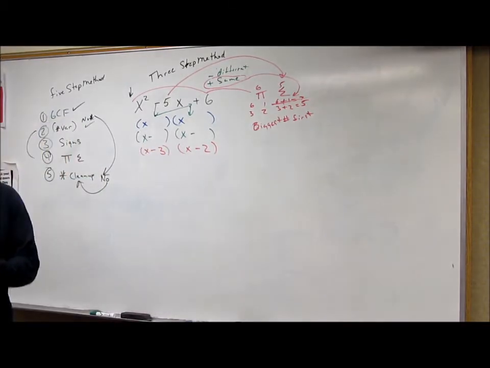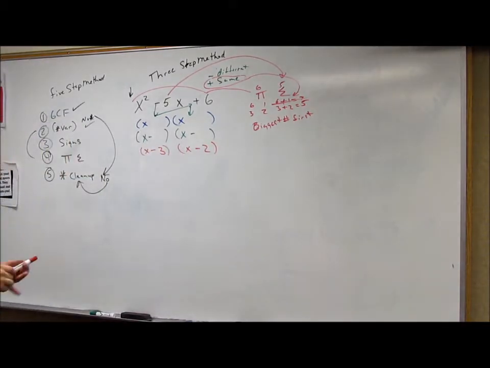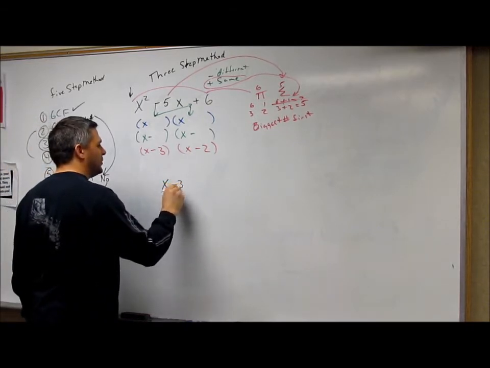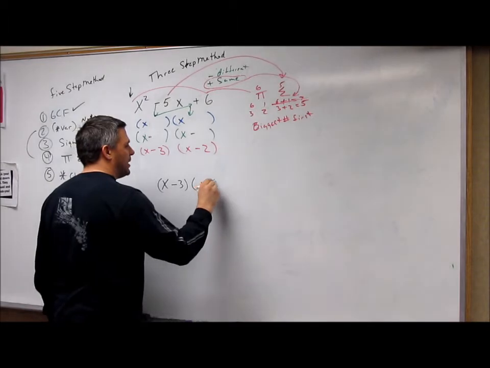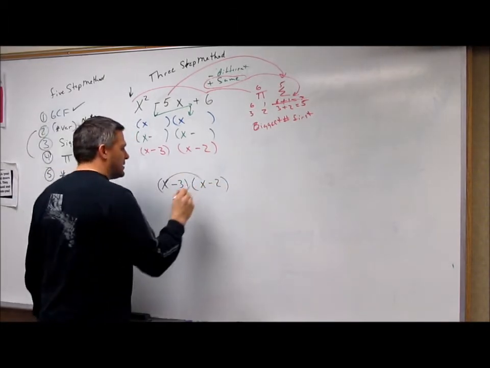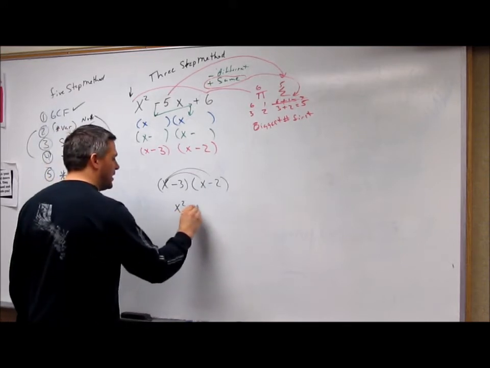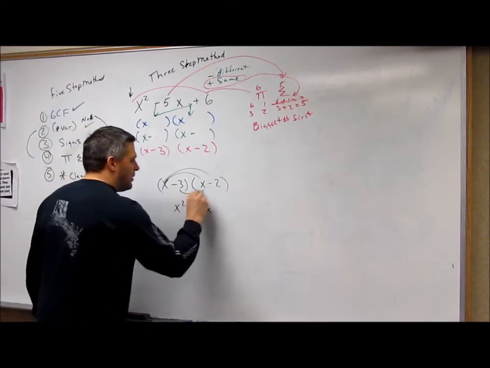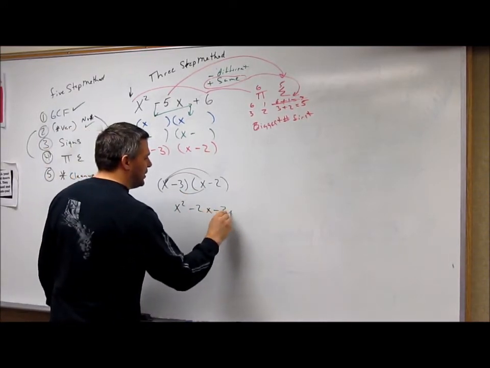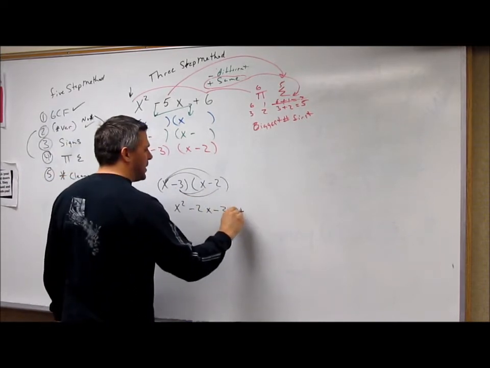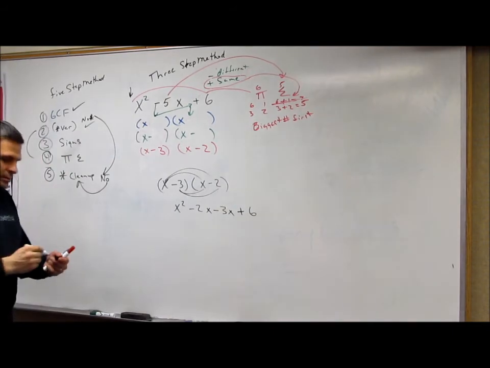Okay? And then we check our work. X minus 3 times x minus 2. And x times x is x squared. And x times minus 2 is minus 2x. And minus 3 times x is minus 3x. And minus 3 times minus 2 is positive 6.